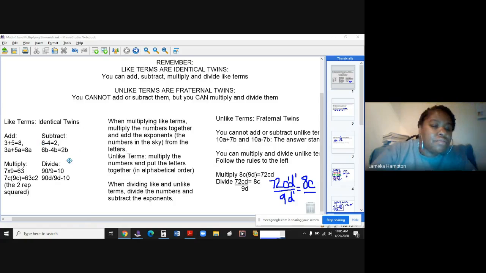All right. Now, with multiplying and dividing, it's a little different, but the rules are basically still the same. We know how to multiply numbers. 7 times 9 is 63. We got that, no problem. Again, it's when they started adding in these letters and exponents and carrying on. That's when it got a little crazy. So as you can see here, I have 7c and then 9c in parentheses.